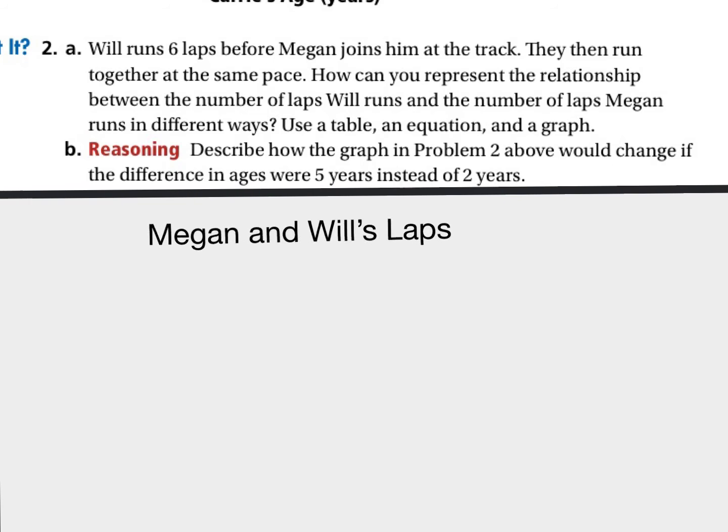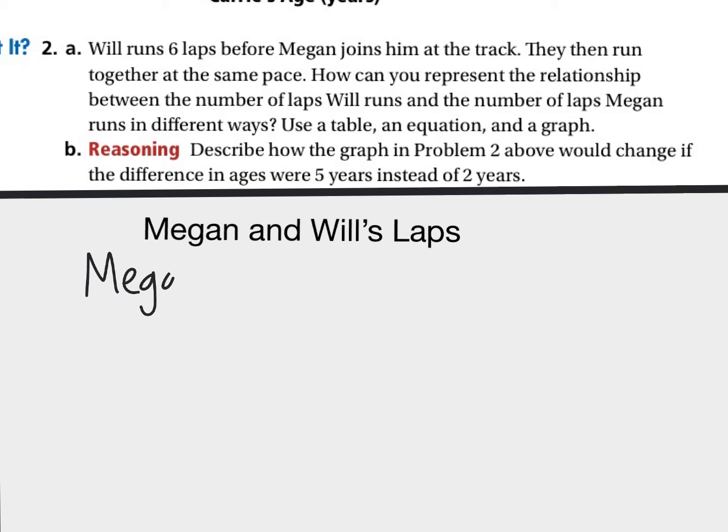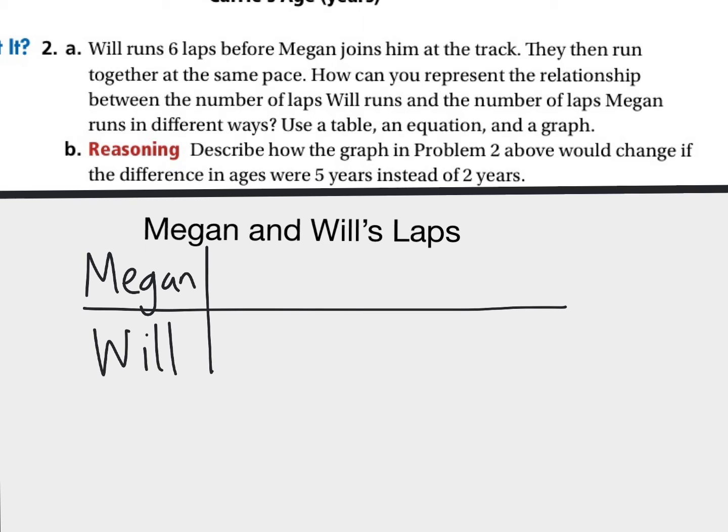So we could put a title here, Megan and Will's laps. And then if you think about it, Will runs 6 laps before Megan joins him.